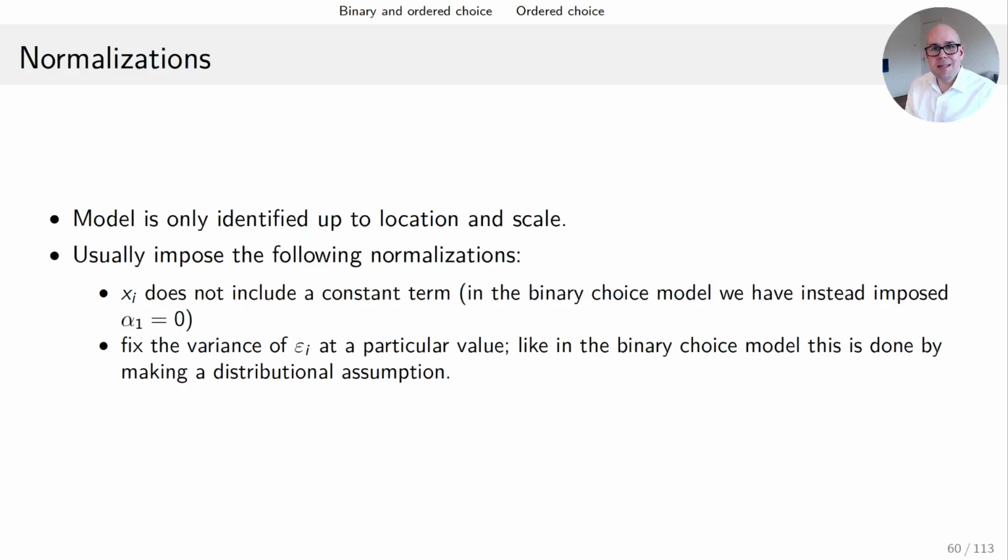So this is the location normalization. And then on top of that, there's a scale normalization, as in the binary choice model. And the scale normalization works in exactly the same way. So one would fix the variance of epsilon i, usually at a particular value. And this is done by making a distributional assumption. So in the ordered probit model, that variance would be set to 1.